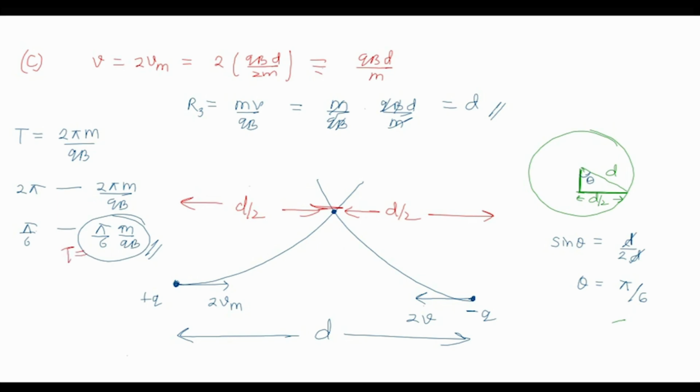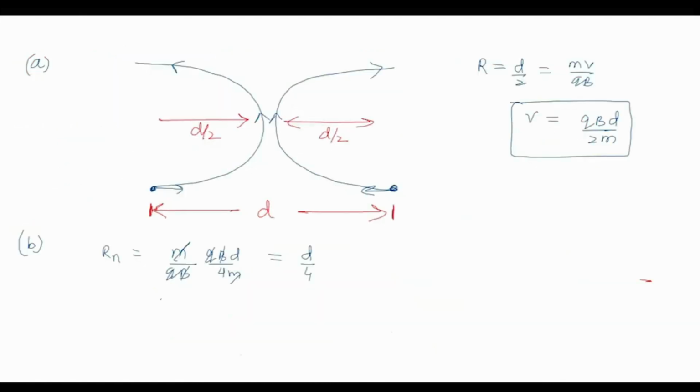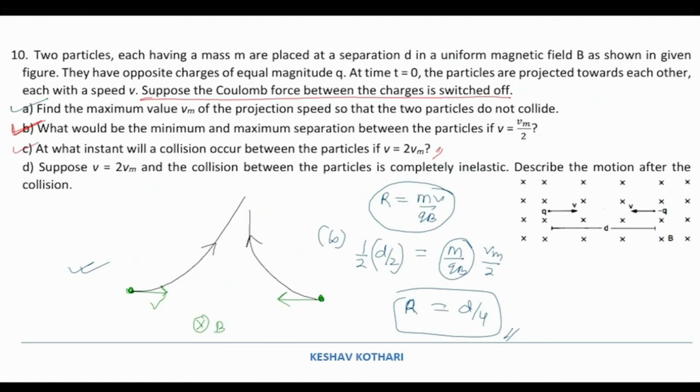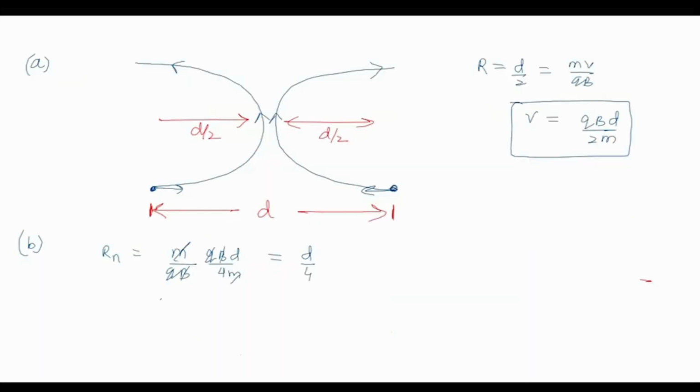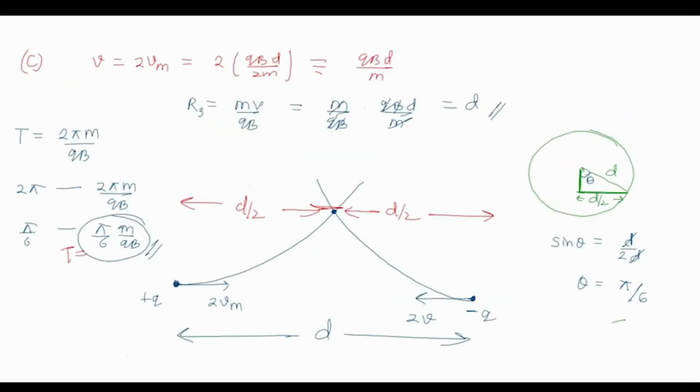Now let us deal with the fourth part of this problem. The problem is stating, suppose V is equal to twice Vm and the collision between the particles is completely inelastic. Describe the motion after the collision. This one is a much simpler problem in comparison to the above three problems. The problem is saying that the collision which takes place over here is completely inelastic.